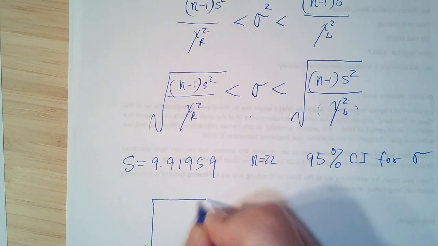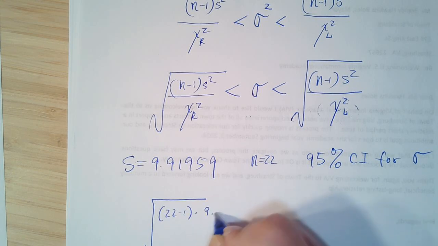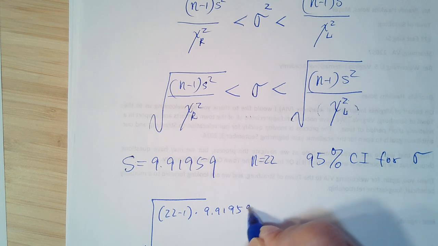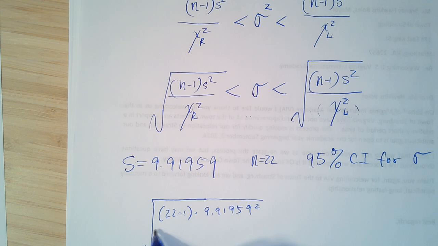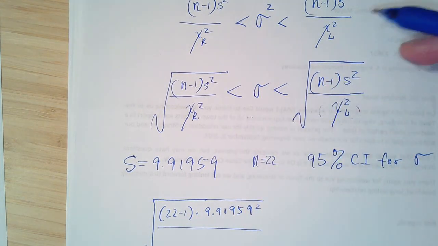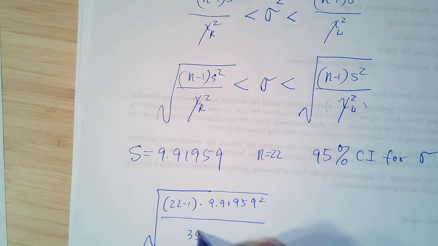That's going to be 22 minus 1 times 9.91959 squared, divided by chi-square right, which we have as 35.479. Please do not square this number again, because that's the chi-square.